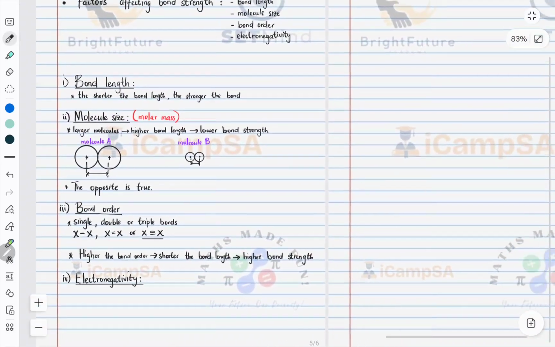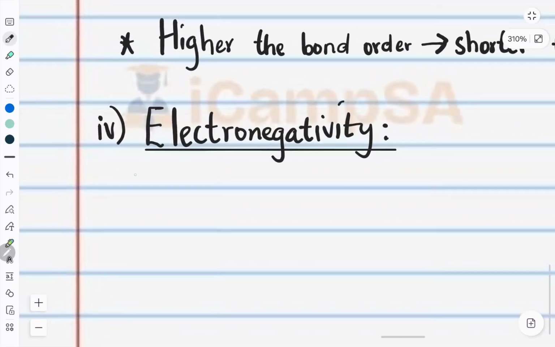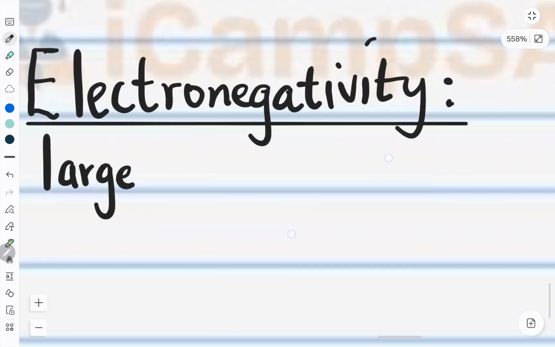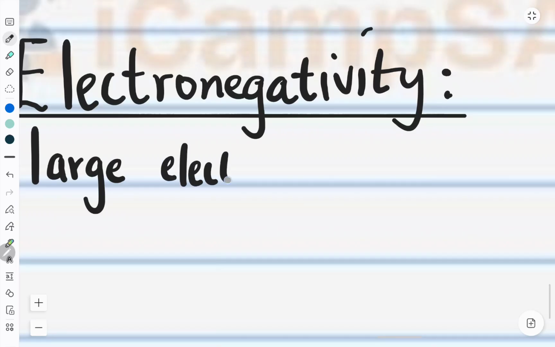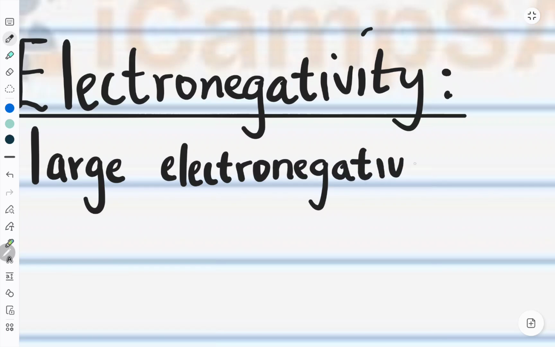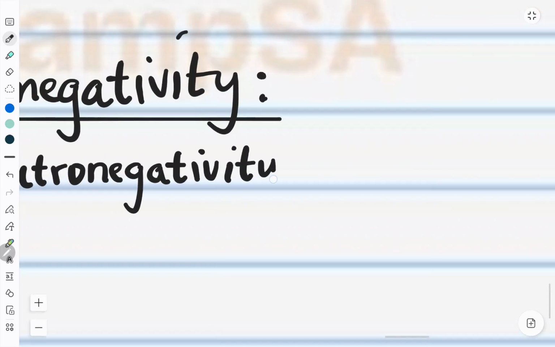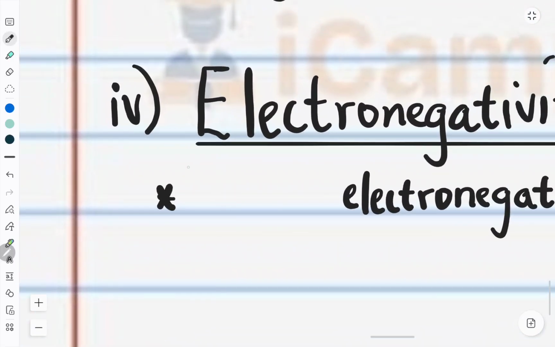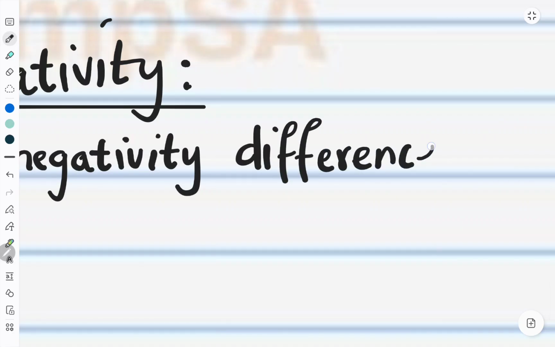All right. So now, electronegativity, as I was saying, a large electronegativity difference between the atoms that make up that molecule or that compound, or a high, let's use high, electronegativity difference, right?